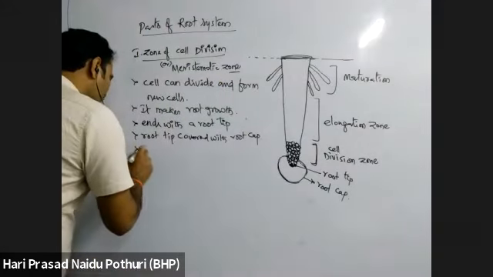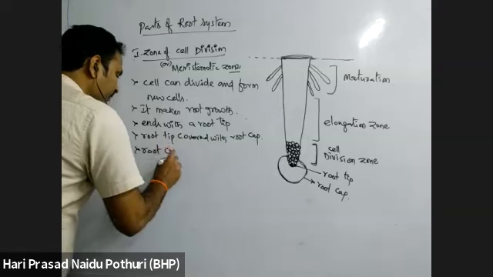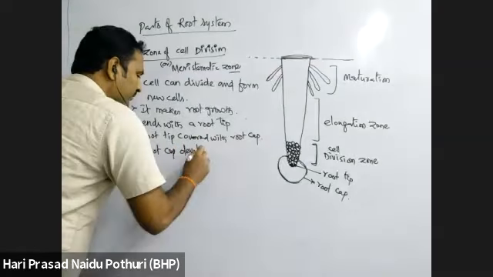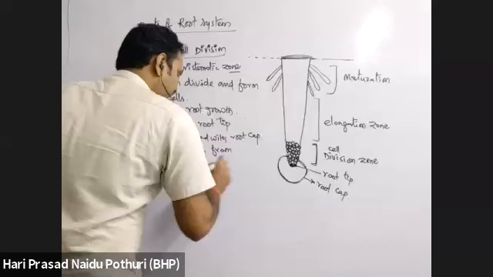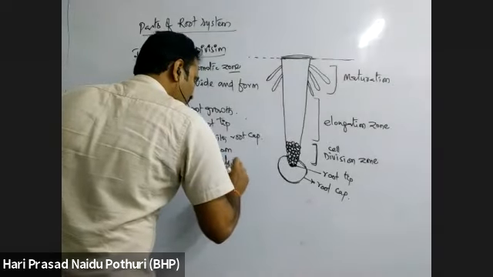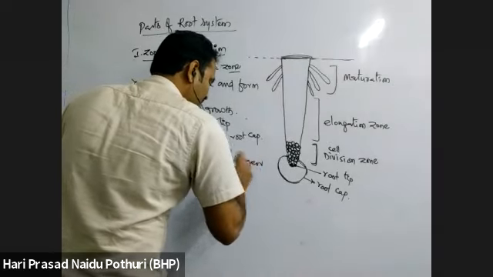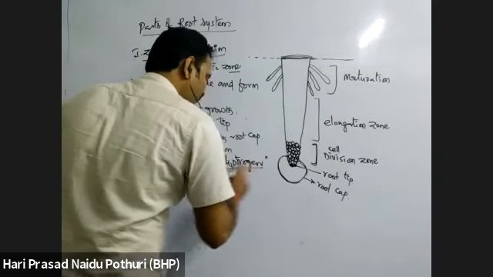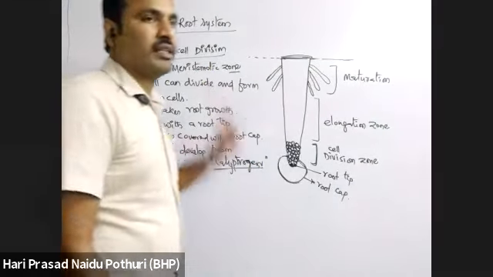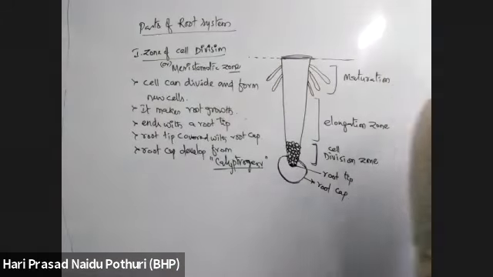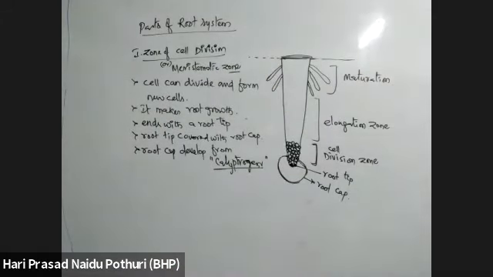Okay, this root cap develops from a part called calyptrogen. Calyptrogen is a type of meristematic tissue. In anatomy, we will see that: calyptrogen, dermatogen. Calyptrogen is responsible for the root cap.